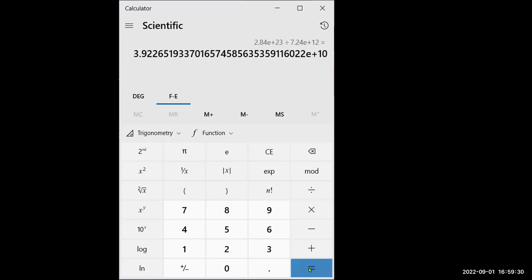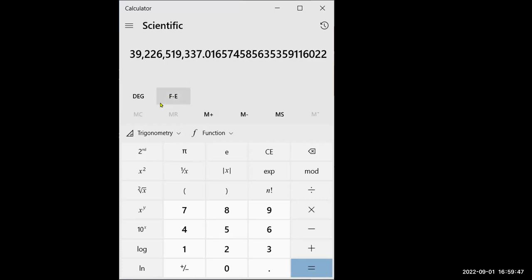Okay. Notice the number I have here, 3.922651933, and so on, e to the 10th power. Sometimes your calculator might present that number in longhand.